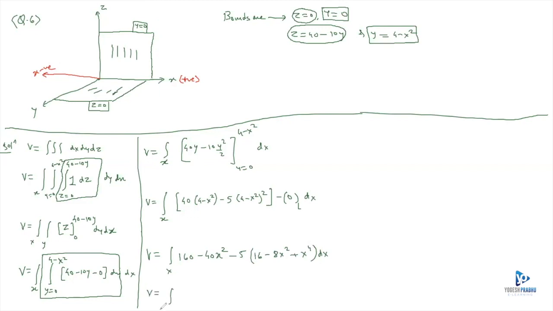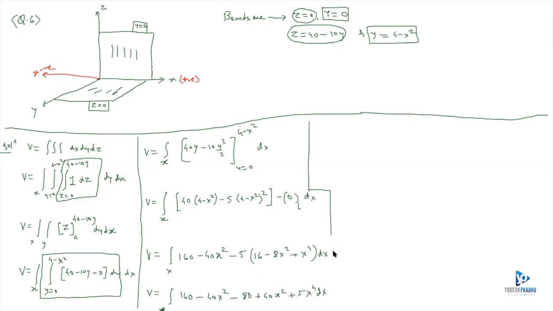So I get V equals integral x, 160 minus 40x squared, minus 16 times 5, which is 80, minus 8 times 5, which is 40. Plus 40x squared, that's plus, right? Yes. Plus 40x squared plus 5x to the 4 dx.